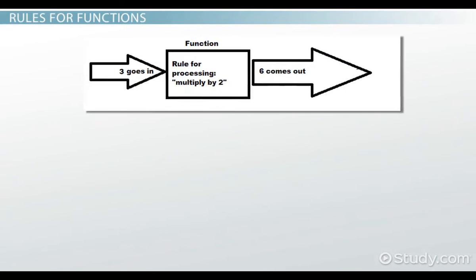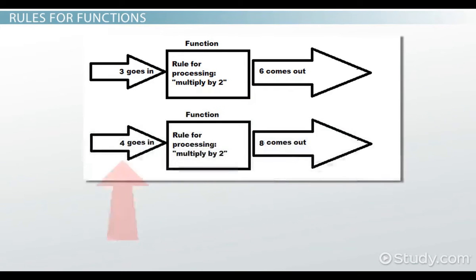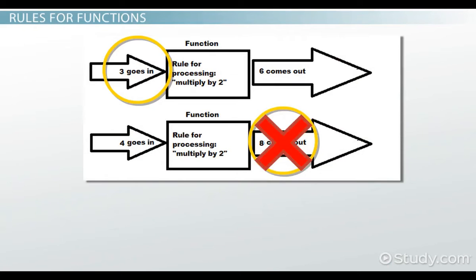If we look at our example function again, if you plug in 3 and apply the rule multiply by 2, you'll only ever get 6 as the output. There is no possible way to get any other number with 3 as the input. You can put in a different number and get a different output with the same rule, but with the multiply by 2 rule as our function, you can't put in 3 and get 8 because 3 times 2 does not equal 8.